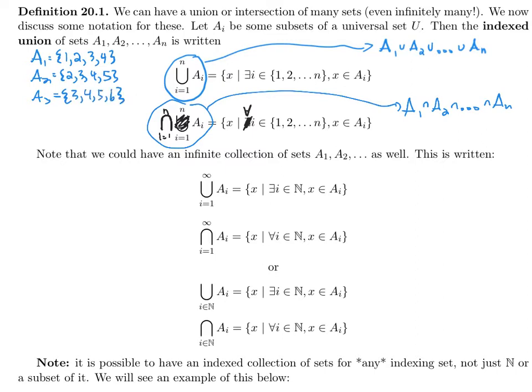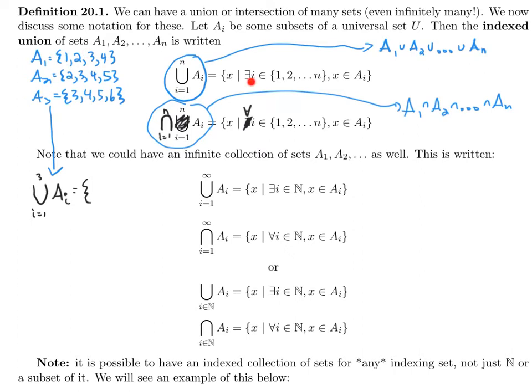So let's say we have those. I'm just going to do this down here just to make a little bit of room. Then let's take the union of those three sets, AI. Well, the union is going to be all the elements that are in any of these sets.